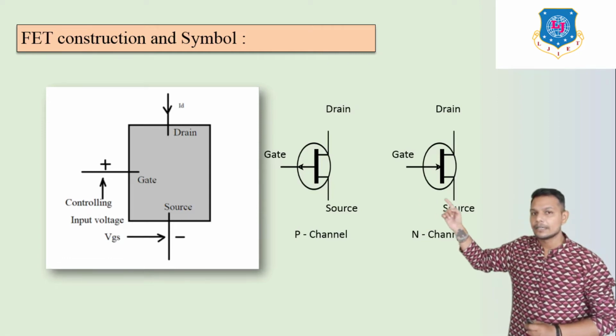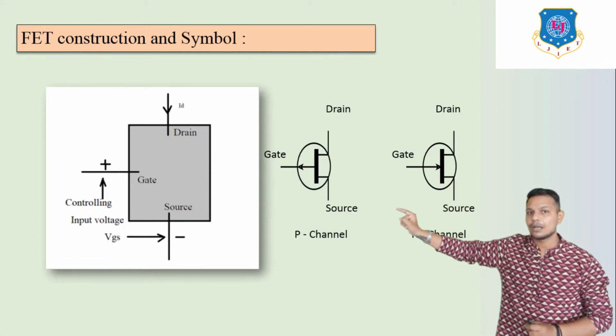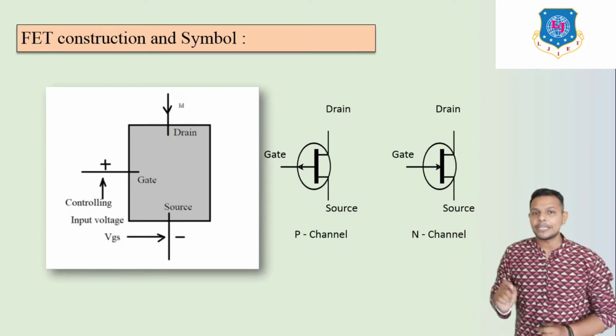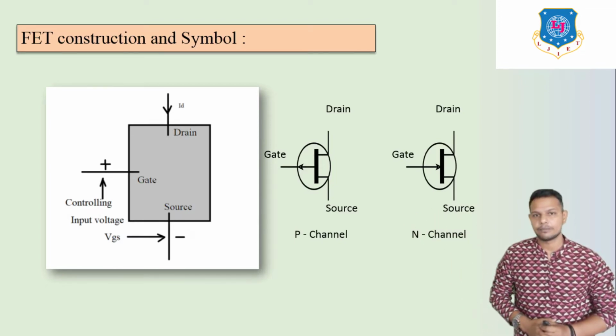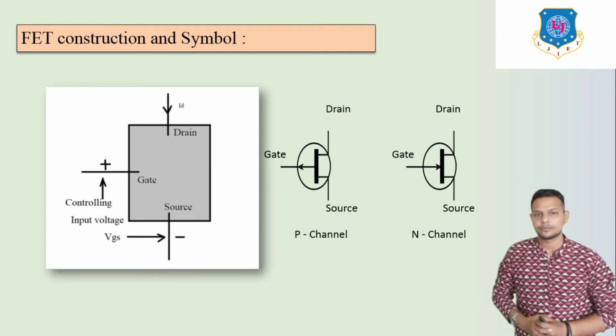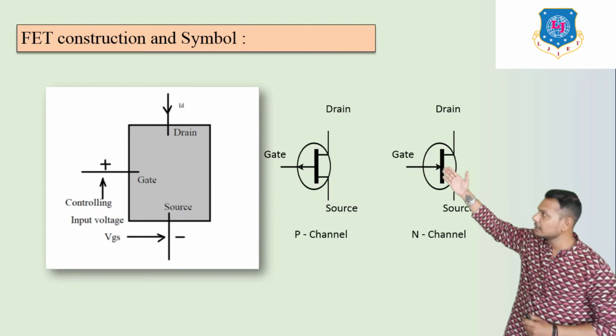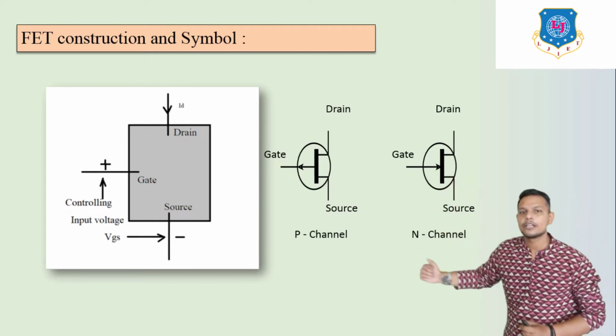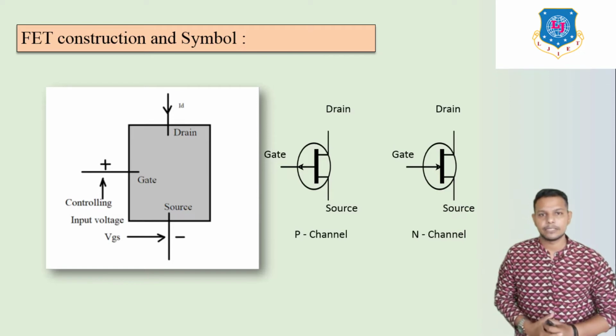Clearly we can see the arrow goes outside, so it is known as P channel JFET, or we can say it is FET of P channel. Its terminals we can see are drain, gate and source respectively.